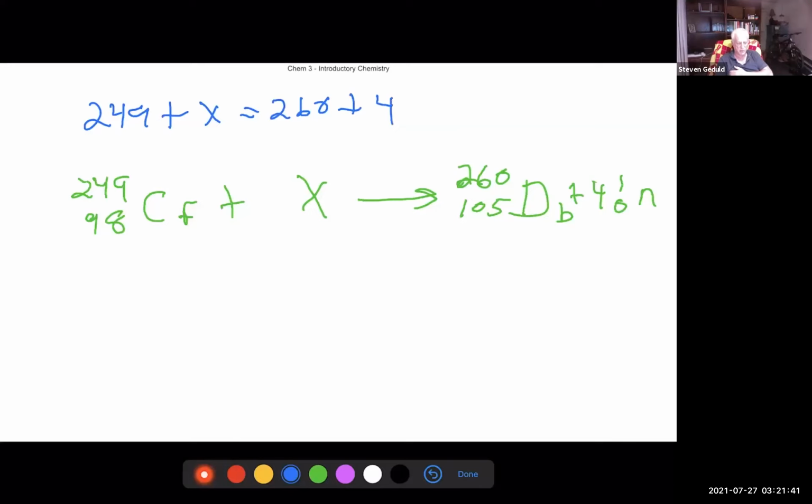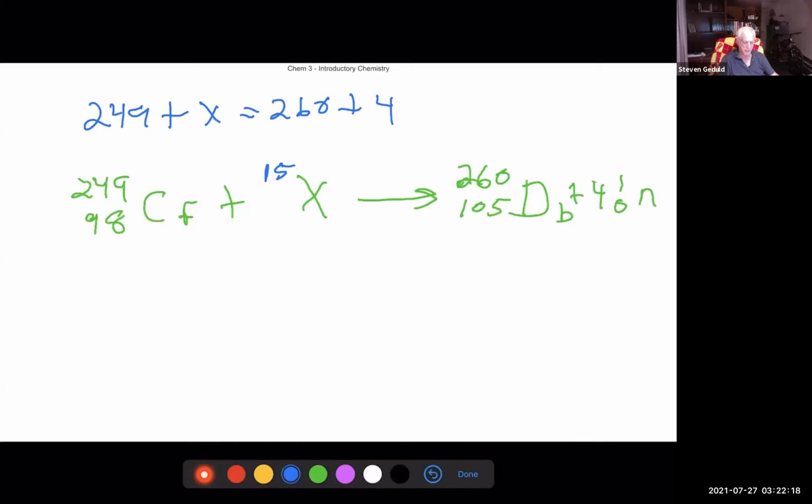So you just have to balance your protons and neutrons, basically. So 264 minus 249, just the top numbers all have to equal each other. This has to be 15. Okay. And the bottom numbers have to equal each other.